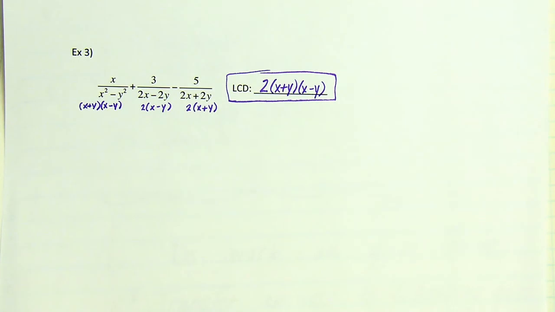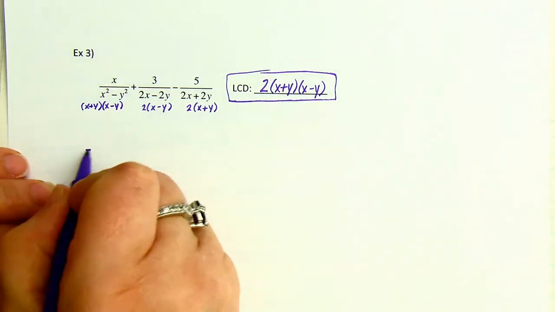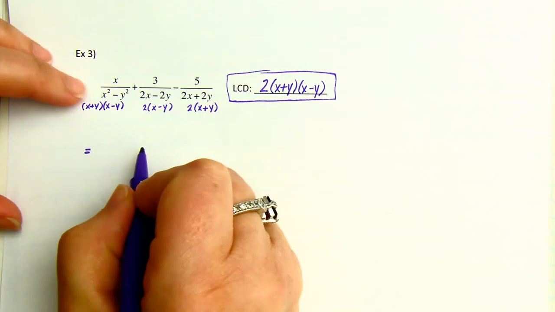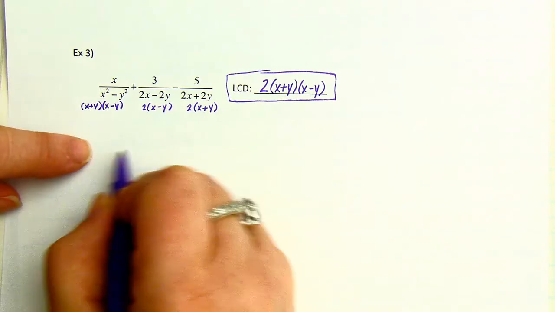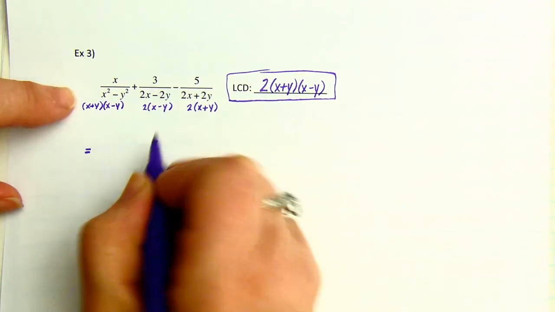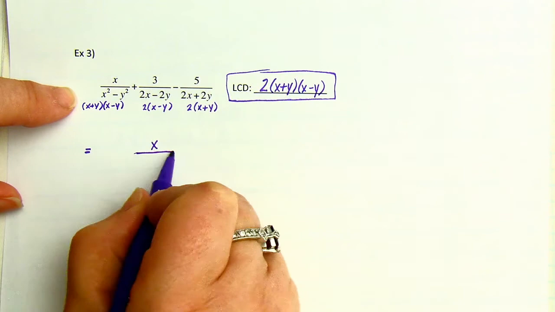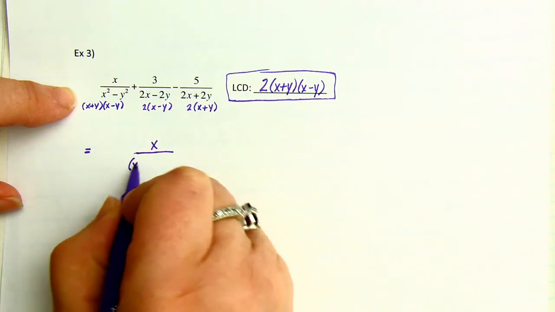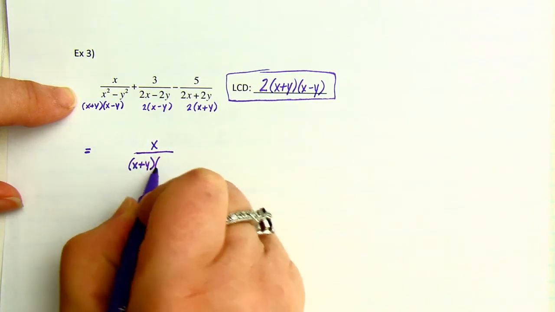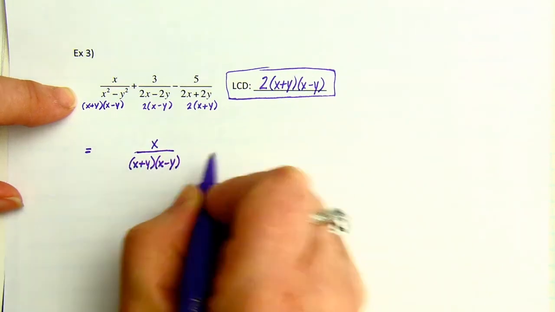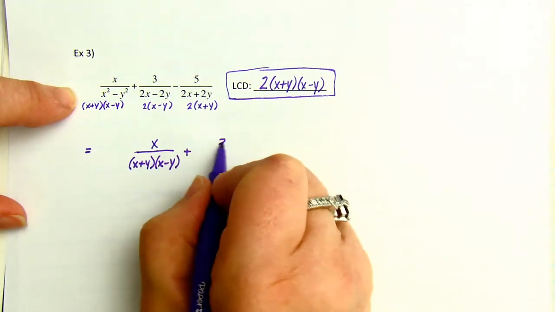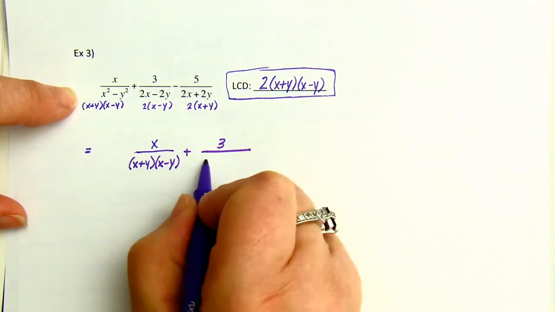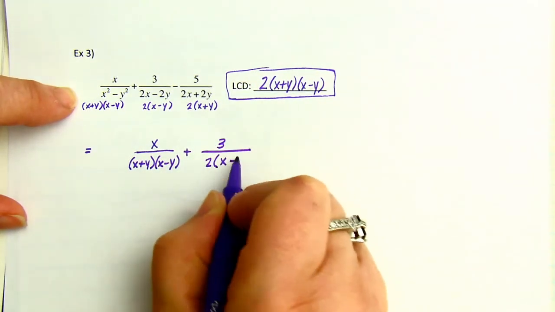All right, now I'm ready to set up by writing my original fractions. I'm going to leave some space after my equal sign because I know I'm going to have to multiply by something. So this is x over x plus y times x minus y plus 3 over 2 times quantity x minus y.